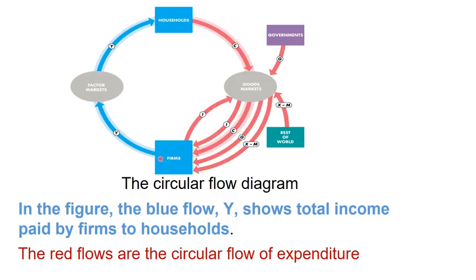The firms produce and go to the factor market, which produces Y, the GDP, for households to consume. When they consume, these are the expenditures. This is how they spend their money: consumption for goods and services from the market.